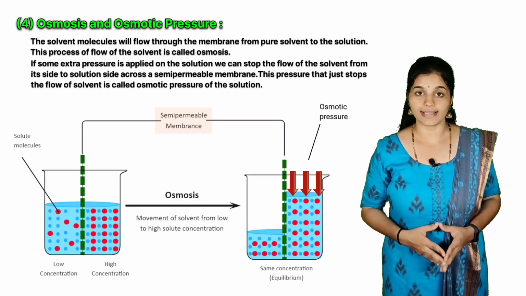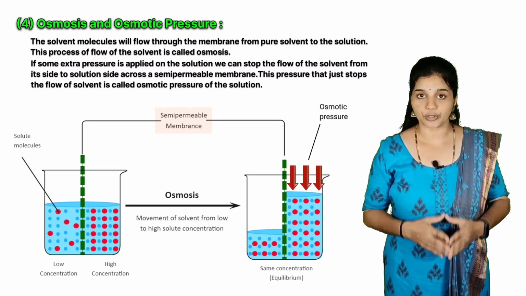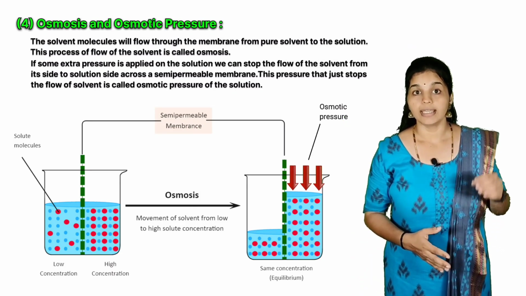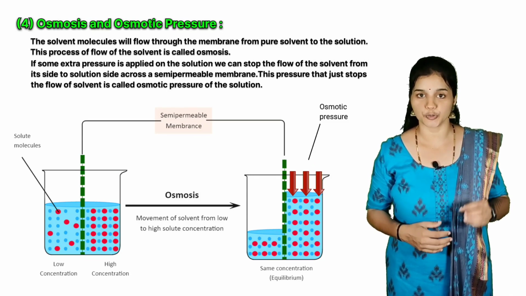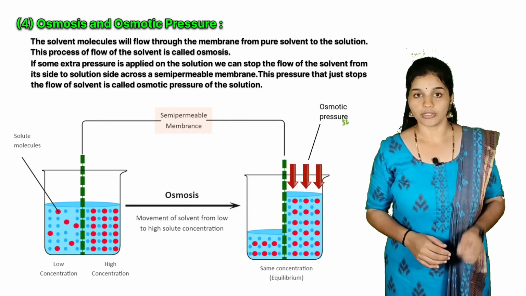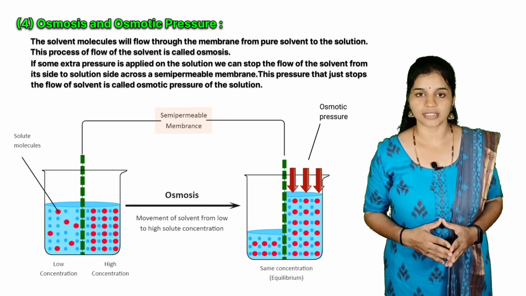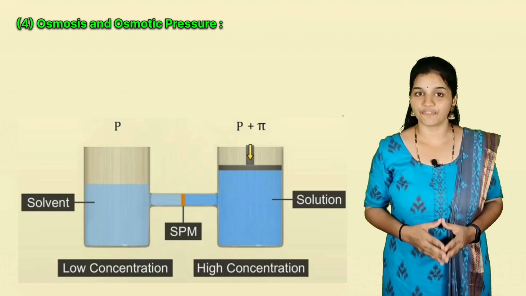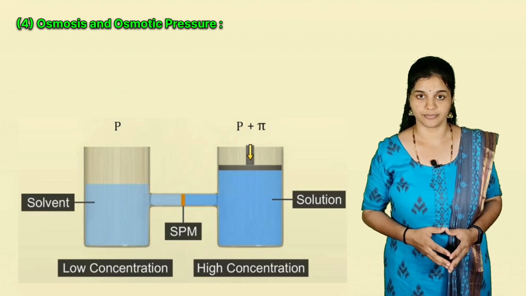That is what we call the osmotic pressure of the solution. The flow of solvent from dilute solution to the concentrated solution across the semi-permeable membrane is because of osmosis. It is important to keep in mind that solvent molecules always flow from lower concentration to higher concentration of the solution. The osmotic pressure has been found to be dependent on the concentration of the solution.